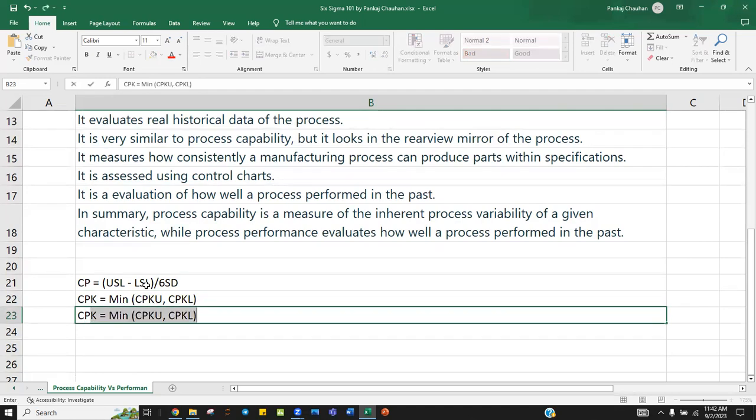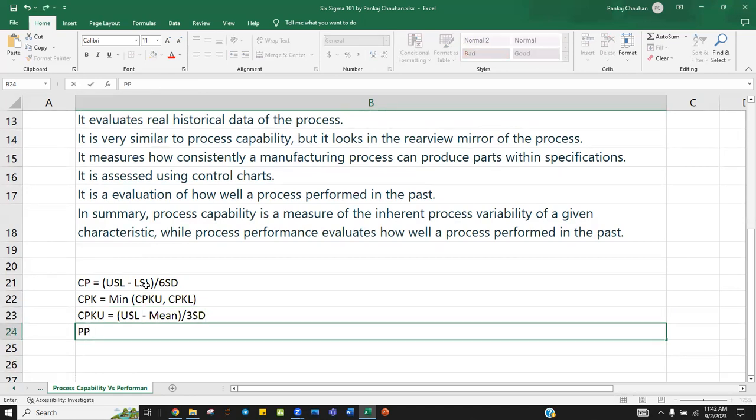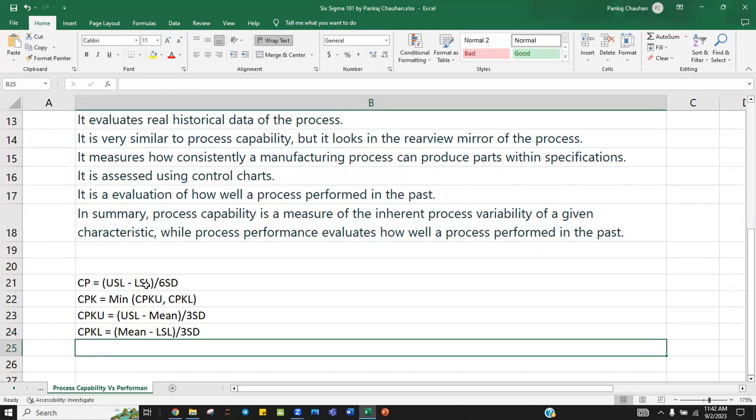CPKU you calculate by taking the upper specification limit minus the average value divided by 3 times the standard deviation. CPKL will be calculated by taking the mean minus the lower specification limit divided by 3 times the standard deviation.